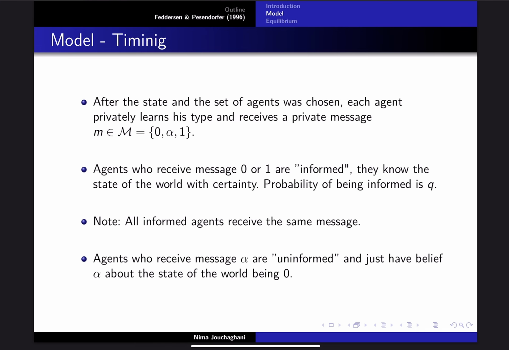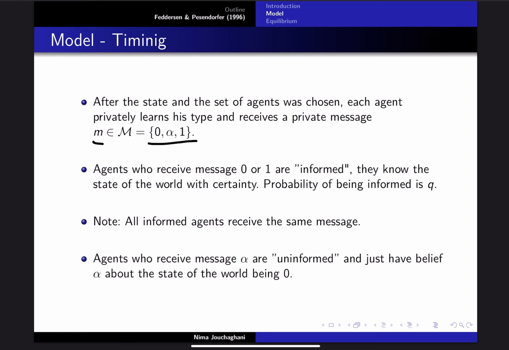After the state and the set of agents has been chosen by nature, each agent privately learns its type and receives a private message. The private message M is an element of the following set: 0, alpha, and 1.